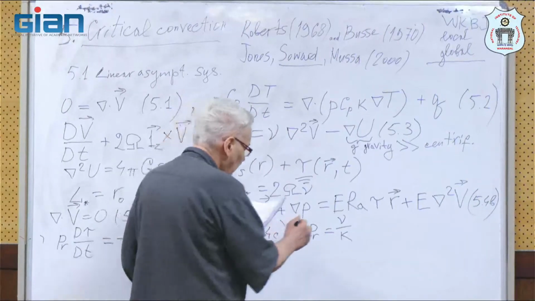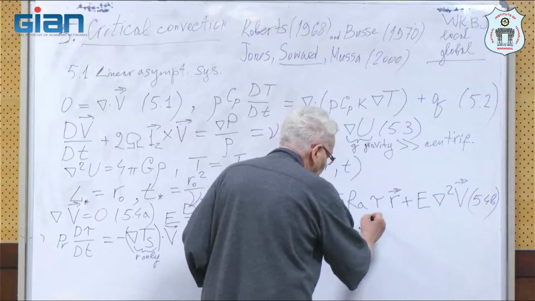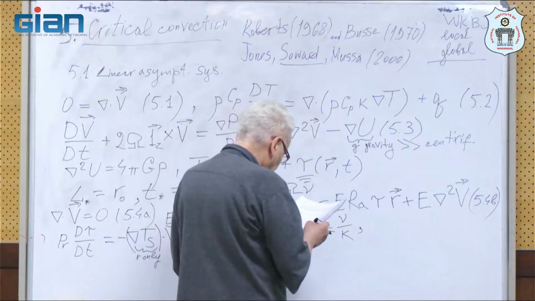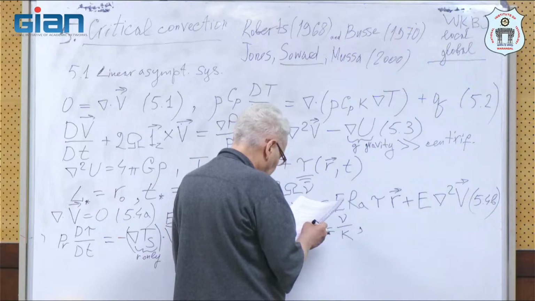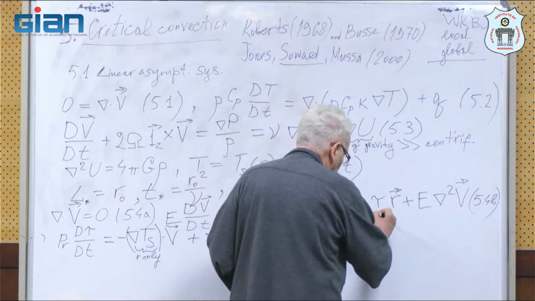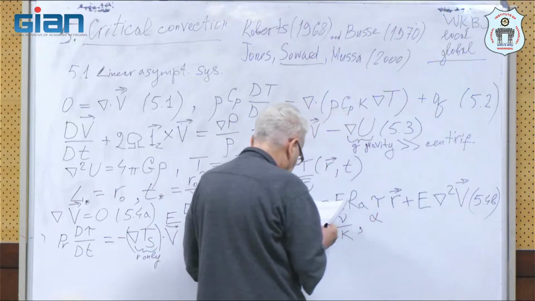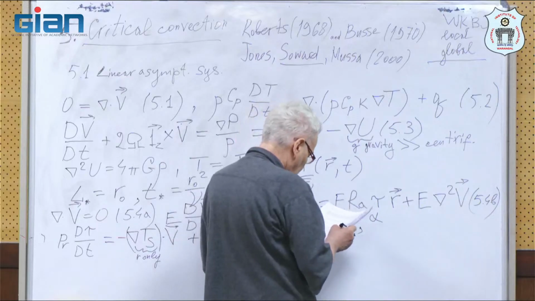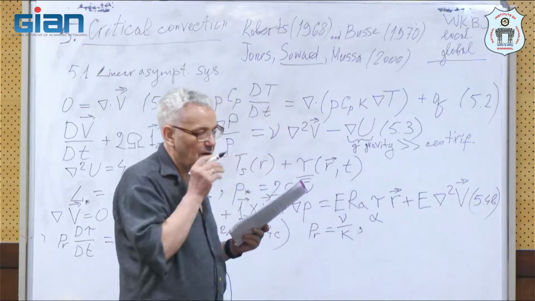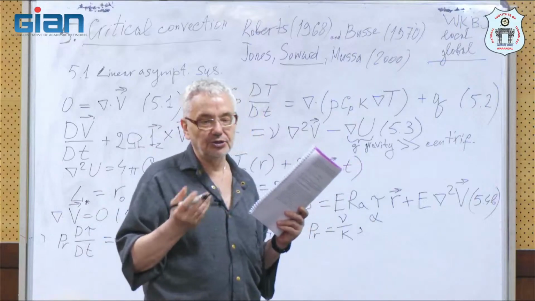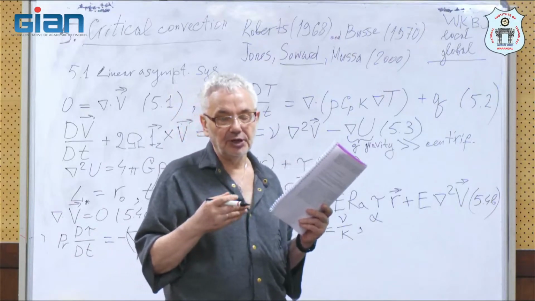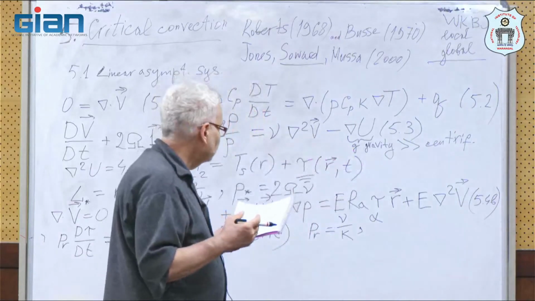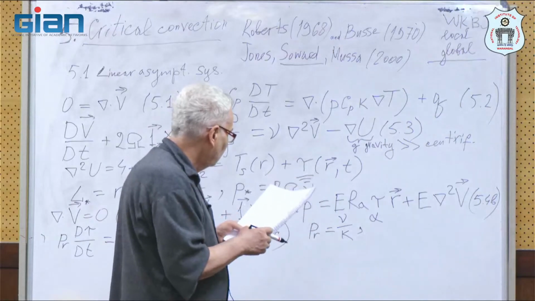Then the Rayleigh number is the ratio of all the terms that are responsible for generation. This is the alpha expansion coefficient. So it shows how much is the expansion with the change of the temperature. If temperature rises, this alpha coefficient gives the corresponding relation.